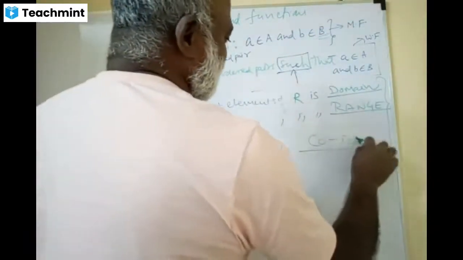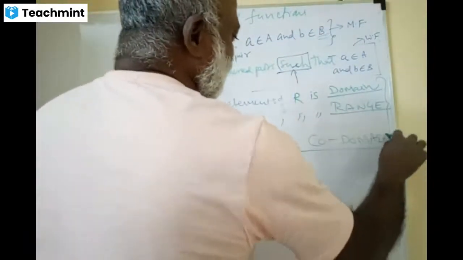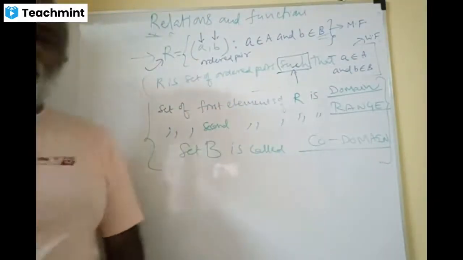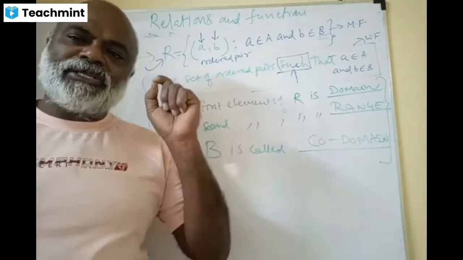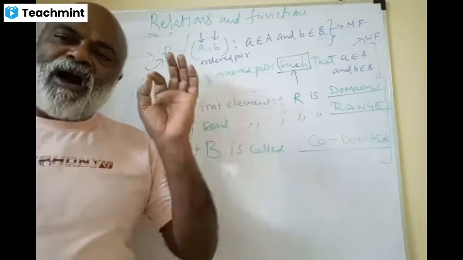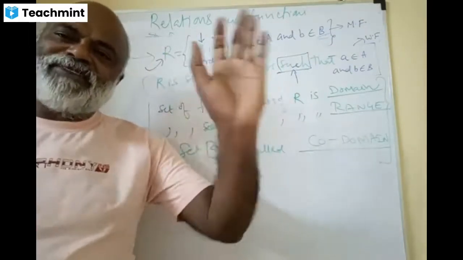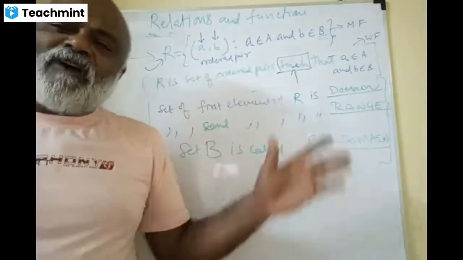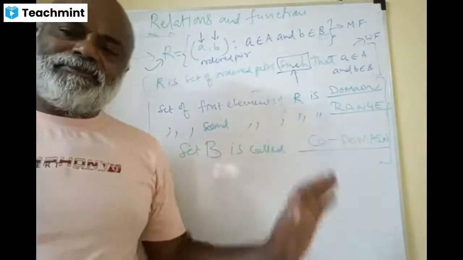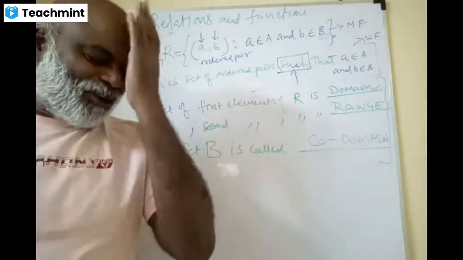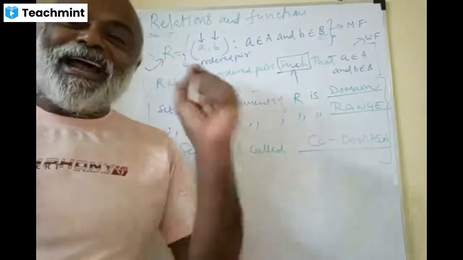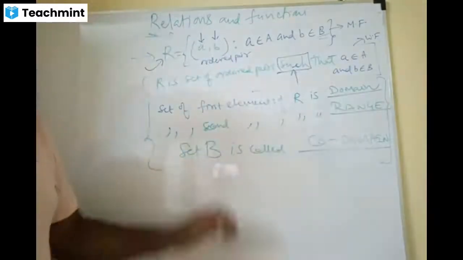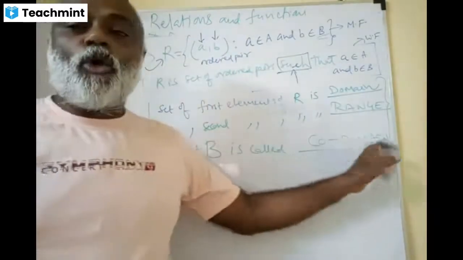These are very, very useful ones. So the collection of all first coordinates of the ordered pairs is the domain. The collection of all second coordinates of the ordered pairs is the range. And set B is called the codomain.